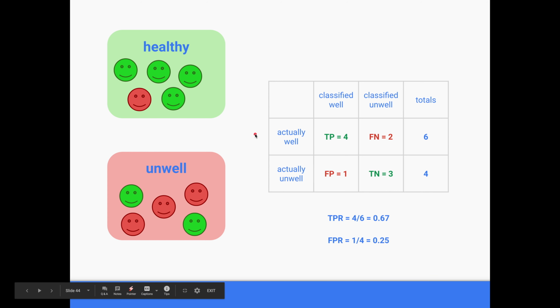Now let's double the number of healthy people in this population. When we do that, remember the classifier is still going to treat them in the same way, which means it'll put the same proportion in the healthy box and the same proportion in the unwell box as it did before. Simply by changing the population, the classifier itself doesn't change. So let's double that.